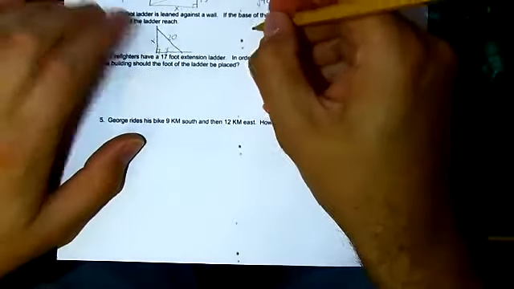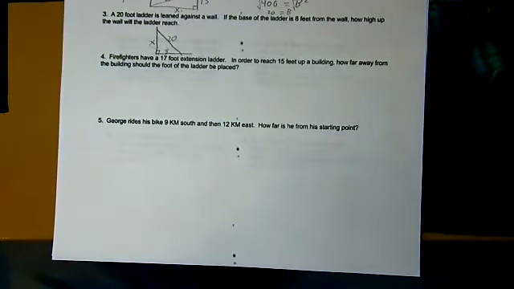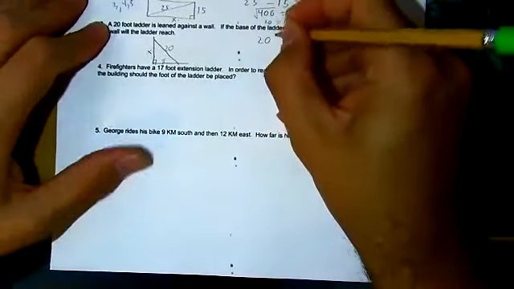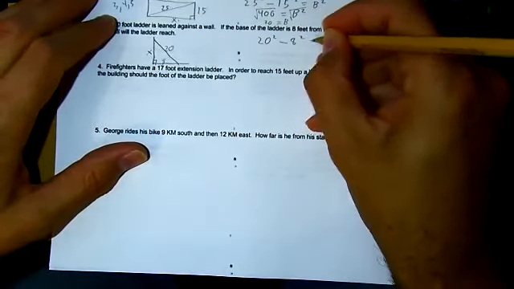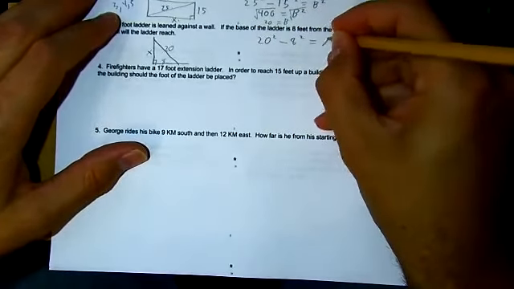So again, you have your hypotenuse. If you want to go ahead and try to solve this on your own, pause the video and solve it. You're going to use 20 squared minus 8 squared gives you, we'll say, a squared.